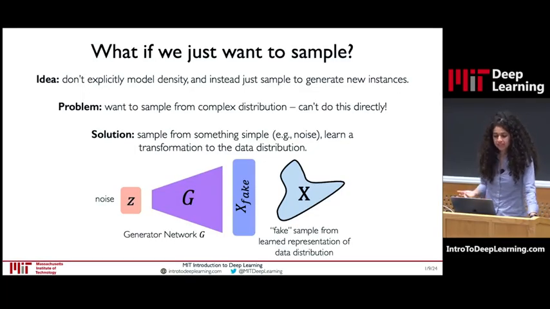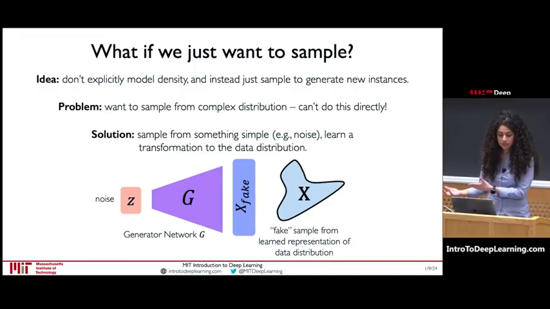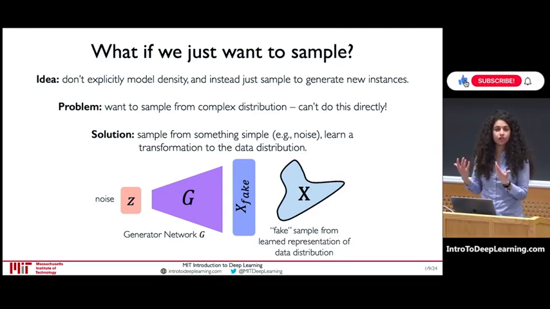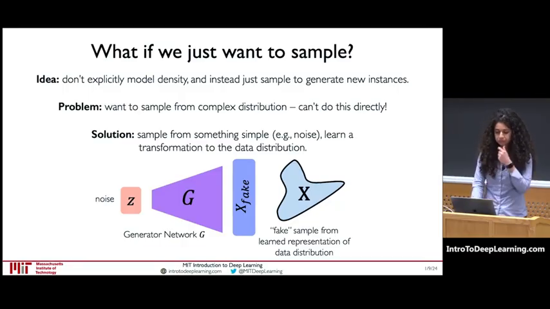And the idea behind GANs is, rather than trying to explicitly model these probability densities, let's just learn a transformation from something very, very simple, say completely random noise, and now learn a model that can transform that distribution of noise to the real data distribution, such that we can then use that learned model to generate samples that hopefully fall somewhere in that real data distribution.